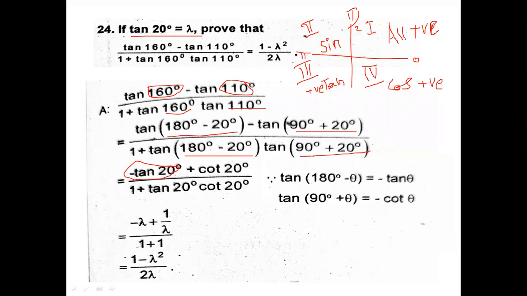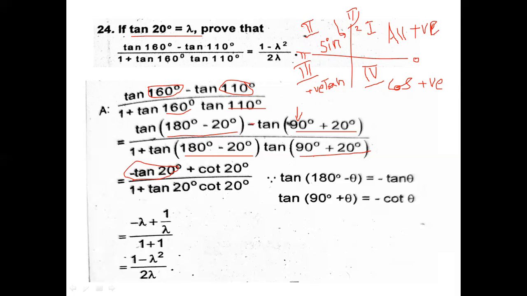Clear? Next, tan (90 plus 20). 90 plus 20 means it comes in which quadrant? Second quadrant. Now if there is 90, we have to change the ratio, because tan (90 minus theta) is cot theta. So tan (90 plus theta) will be cot theta, but because tan is negative in this quadrant, we have to change the sign.